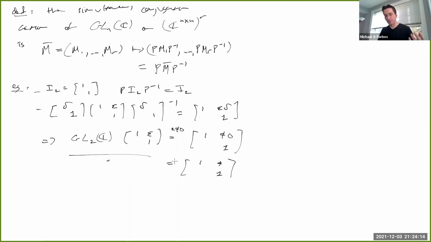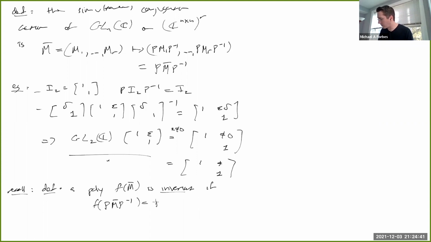And because we'll mostly be working with polynomials, we'll mostly be interested in the closed orbits. And so how do we understand, first of all, why is this a variety? Well, we can recall some things that were discussed earlier in the semester. A polynomial f on the tuple is invariant if f of P M P inverse is equal to f itself.